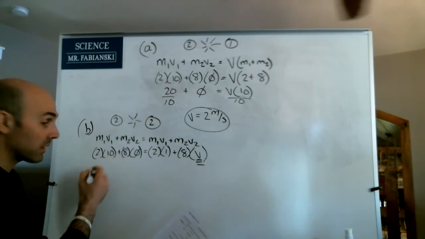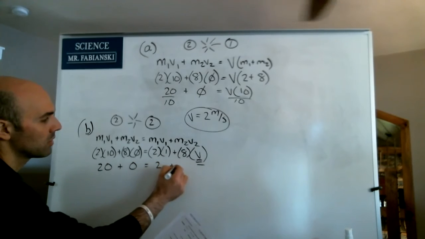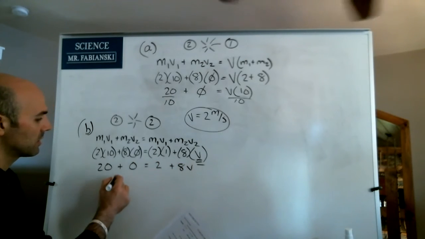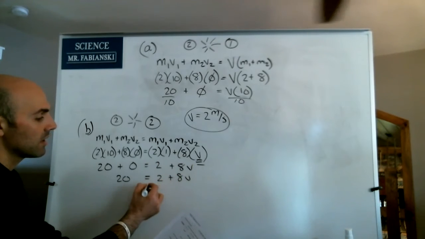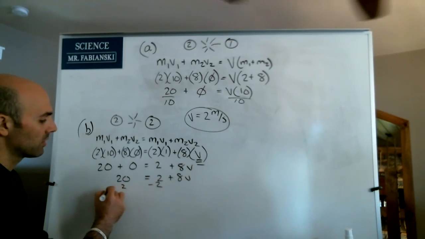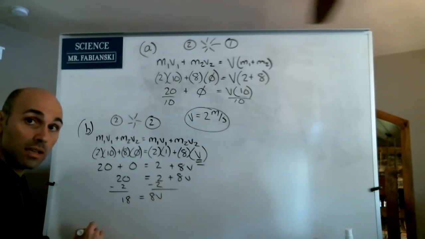All right, let's do the math out. 20 plus 0 equals 2 plus 8V. 20 equals 2 plus 8V, minus the 2 first, guys. 18 equals 8V.